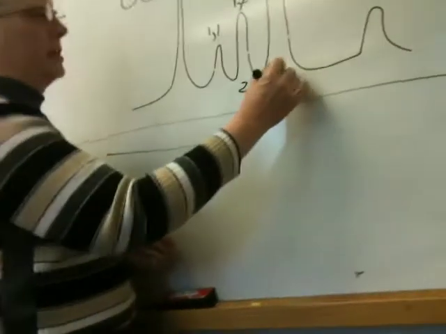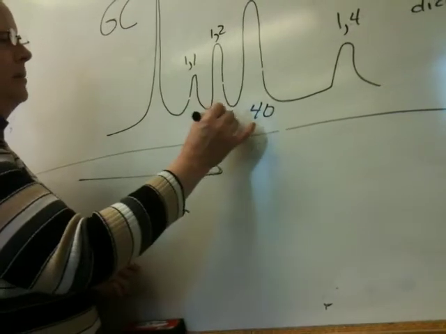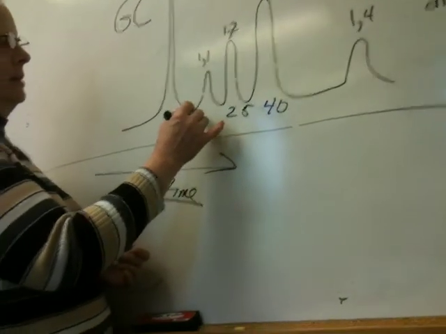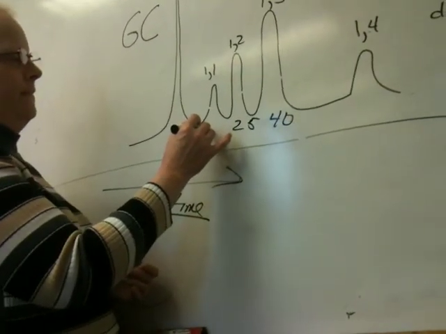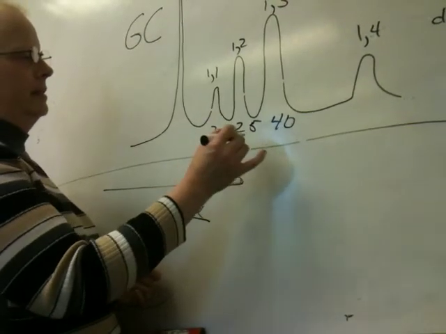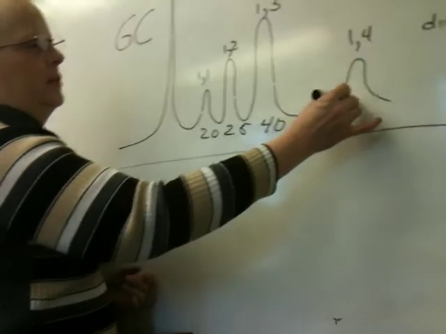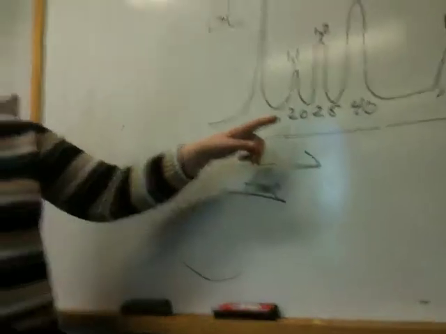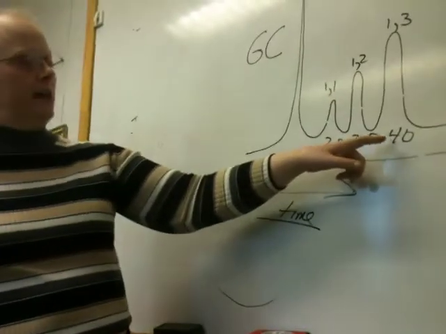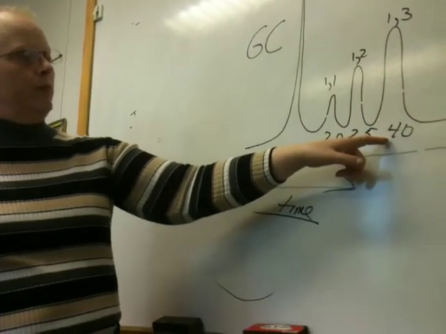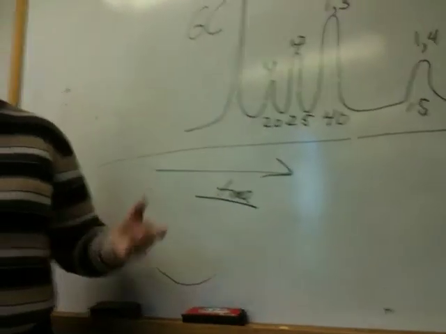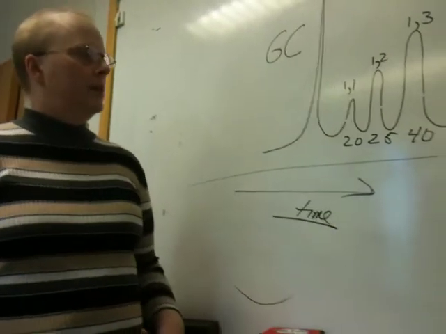I'm going to make it 40%, 25%. 20 and 15. All right. So say you got numbers like this: 20, 25, 40, 15. They're just numbers. They could have no meaning whatsoever.